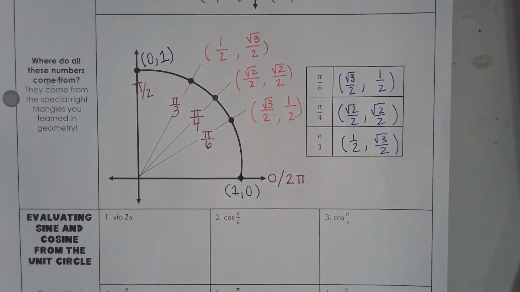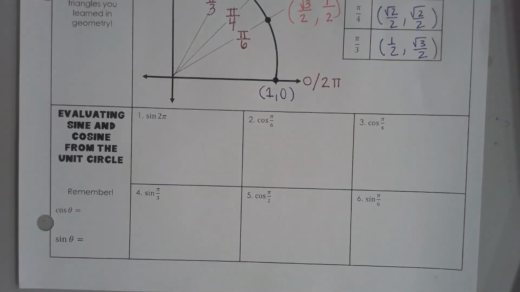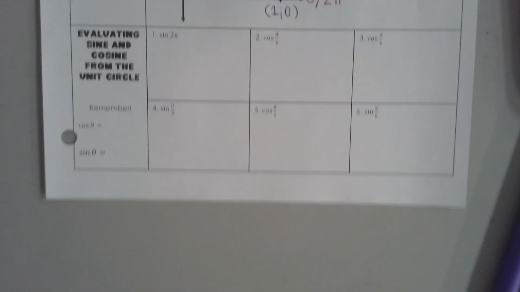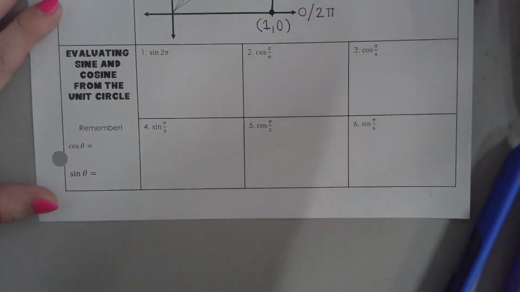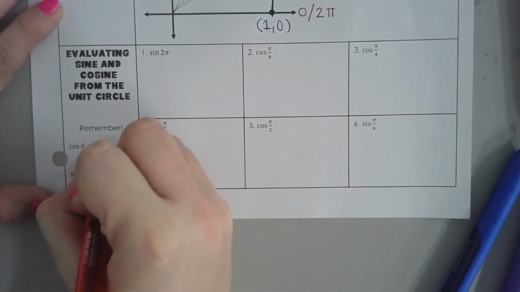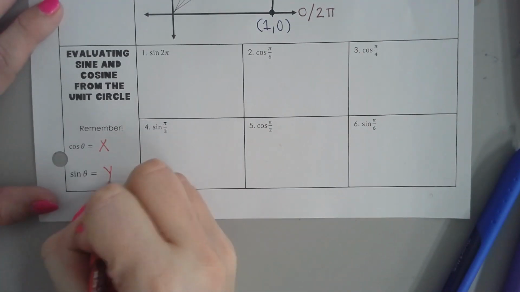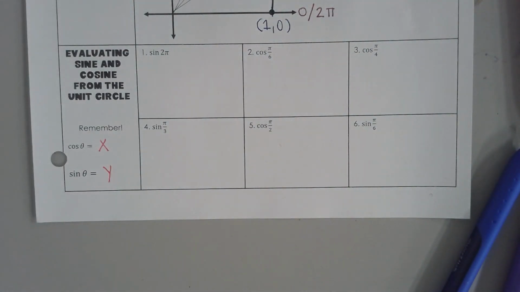When we were on tangent and I had you doing SOHCAHTOA, we wrote down that cosine is your x value and sine is your y. That's another thing you have to remember. It goes alphabetical. So C comes before S in the alphabet, X comes before Y. So that'll help you remember.